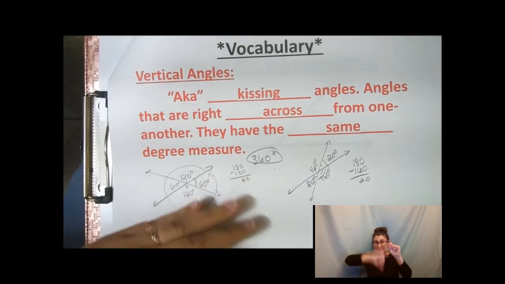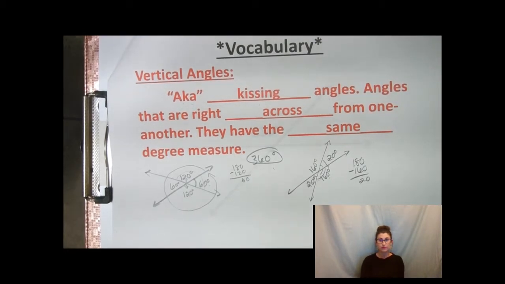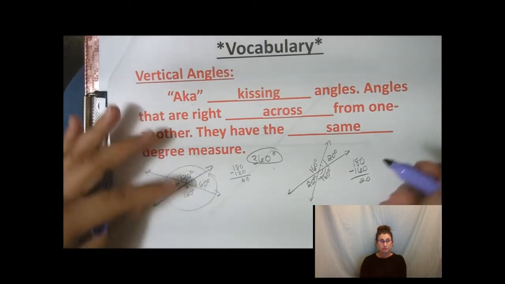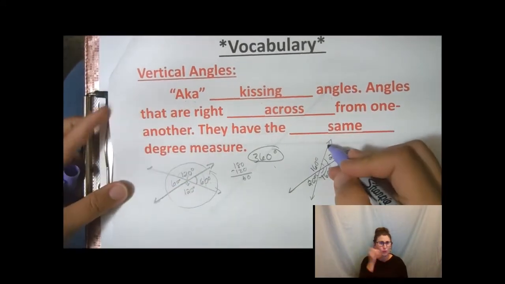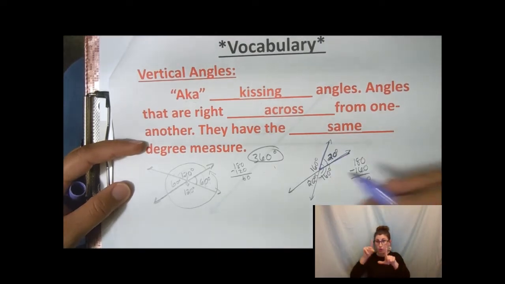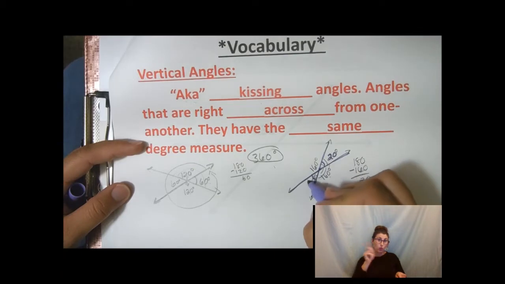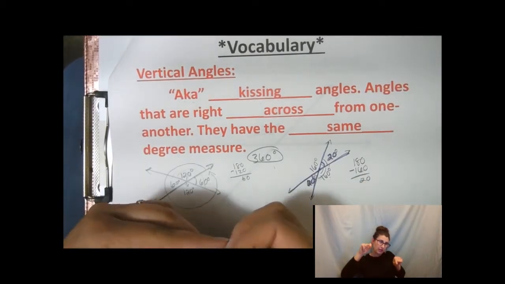So let me get a marker really fast so I can show you with color, just in case. Hold on. Alright, I don't know if this is going to bleed through, but this angle right here is 20 degrees, and it is vertical to this angle right here, which is also 20 degrees.